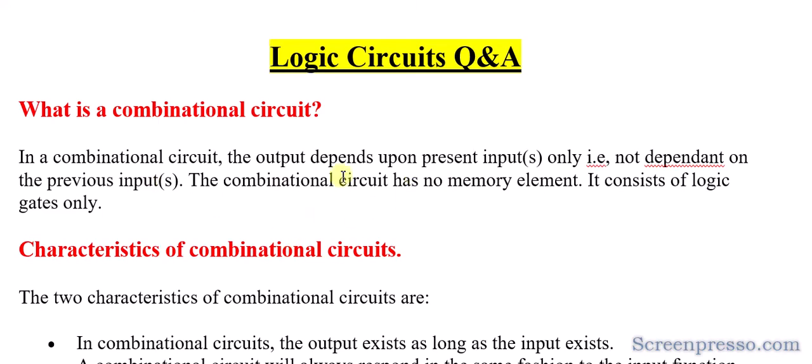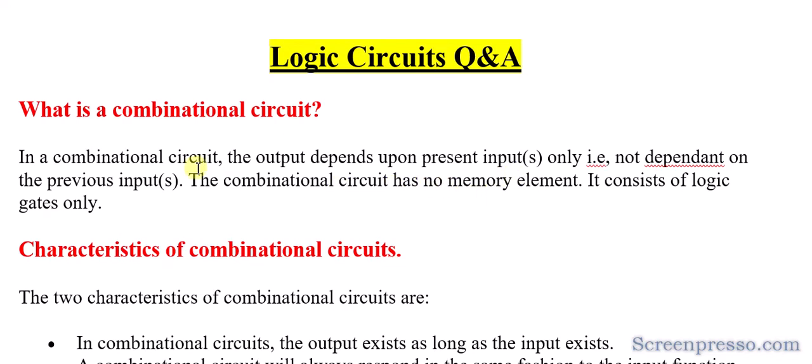So we will try to understand in a broader way how to remember this combinational circuit. As I already told you, a combinational circuit has no memory element, correct? Memory means remembering something from the past, of anything in the past. If there is nothing to be remembered from the past, then there is no memory.